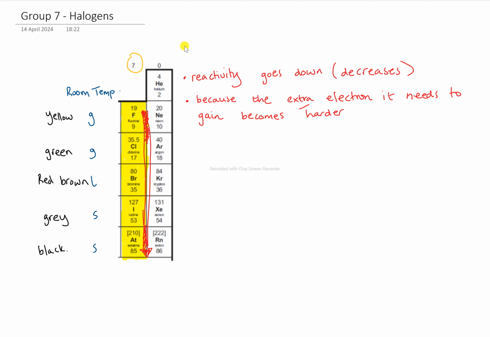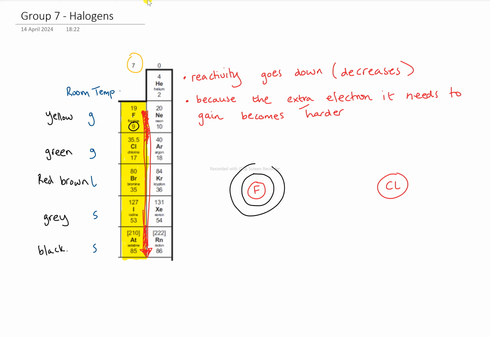Right, okay, let's try fluorine. Let's compare fluorine to chlorine. So I'll try to do it this way so you can see it. Fluorine's got 9, 2 there, and then the next shell has got 7.